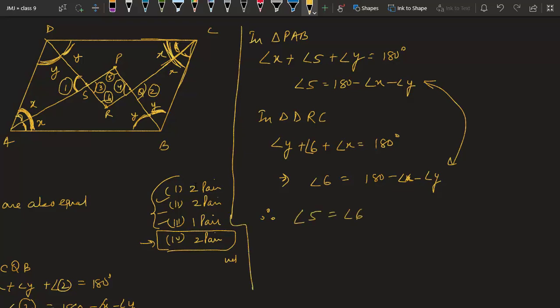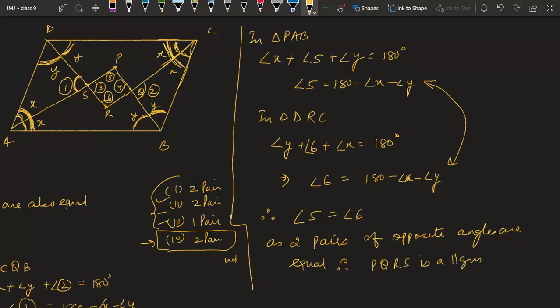Now after all this, we can say as two pairs of opposite angles are equal, therefore PQRS is a parallelogram.